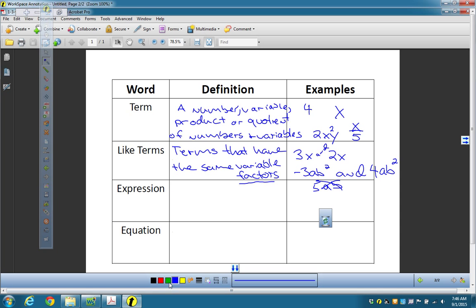Okay. Next one, an expression is a combination of one or more terms separated by plus and minus signs.